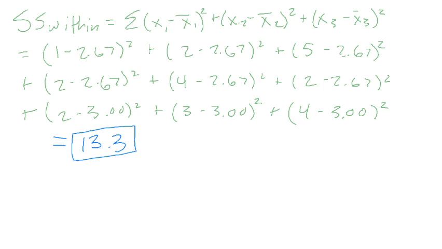So let's go ahead and move on to our next calculation. I will go ahead and do it right here on the same slide. So the SS between, this is where things start to get a little bit easier in my opinion. The SS between is the difference between the SS total and our SS within.